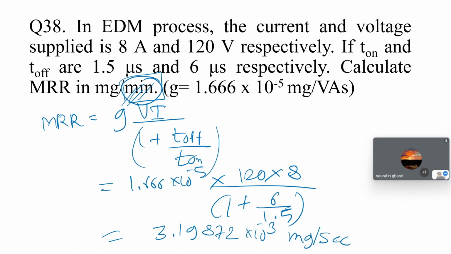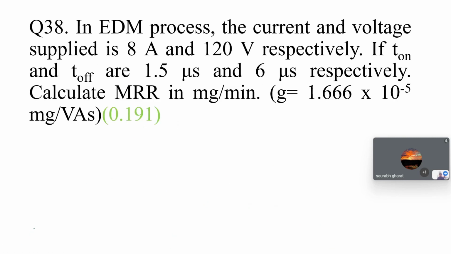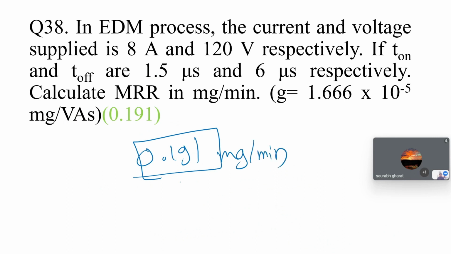It is okay, giving milligram per second, but your answer must be in minutes. So just multiply it by 60. After multiplying by 60, you will get 0.191 milligram per minute. So this will be your answer, 0.191, which is shown here.